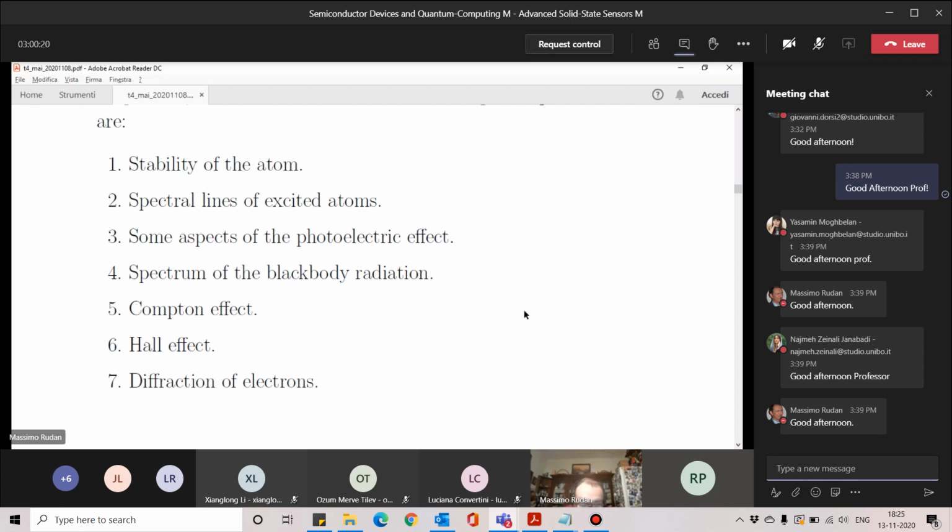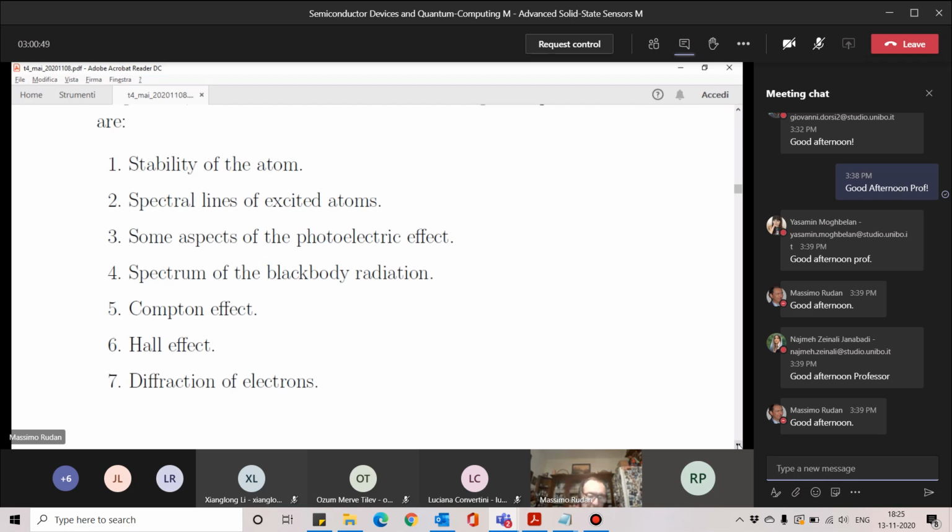Obviously, in solids, it is the electrons that carry the current, but the description is equally well carried out in terms of holes, okay. So it is not necessary for the moment that we consider the Hall effect.